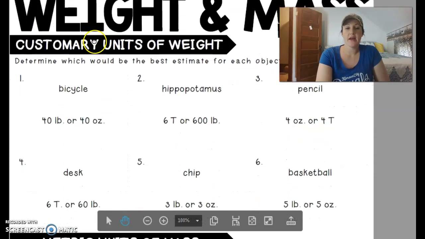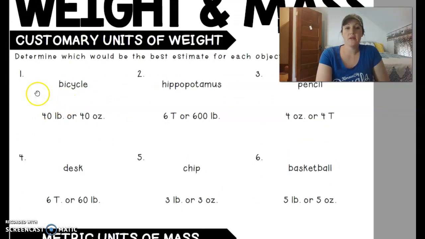So you're going to think, if I have a bicycle, I'm trying to determine which would be the best estimate for each object. So if I have a bicycle, would it be 40 pounds or 40 ounces? So I might go back to the anchor chart and think, well, ounces is smaller than pounds. 40 ounces would be like 40 strawberries, and 40 pounds would be like 40 pineapples.